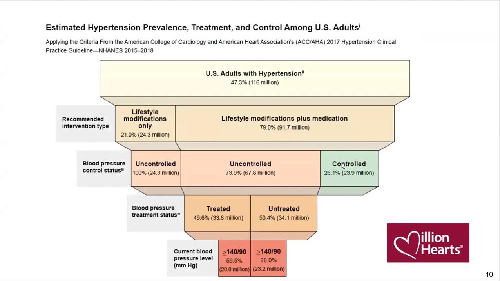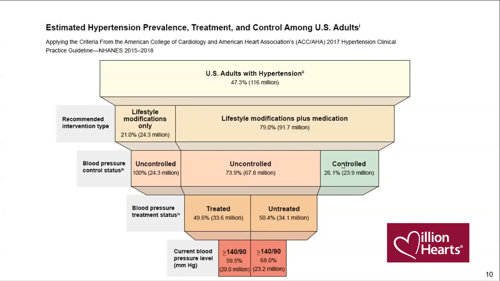As an example, this is from the Million Hearts project discussing hypertension in the US. About 47% of the population has hypertension based on the old criteria of a blood pressure greater than 140 over 90. About 21% of those would only be recommended lifestyle modification. But 80%, about 91 million people, should be getting a medication in addition.